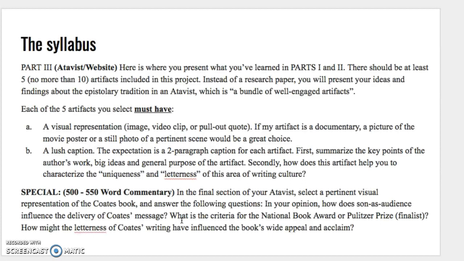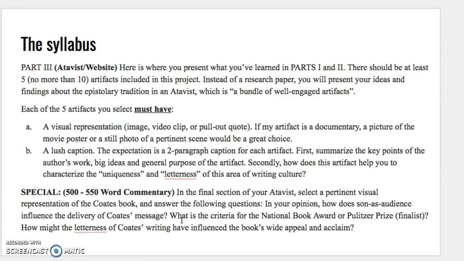People, audiences far beyond his son were influenced by it. And was it because or not because of the epistolary tradition that this book has such a great appeal, covering a topic that had been so widely covered in the media for the last few years, but had not been covered in the form of a letter in this way?